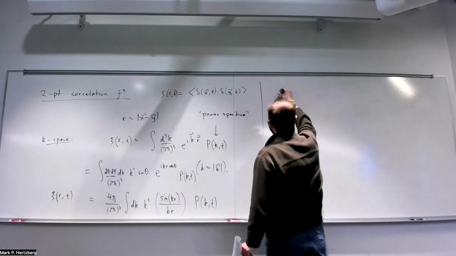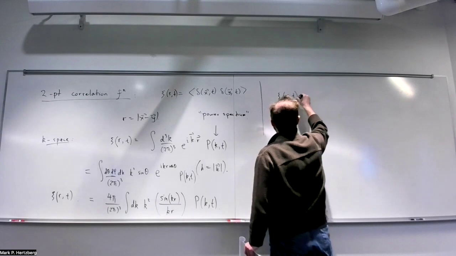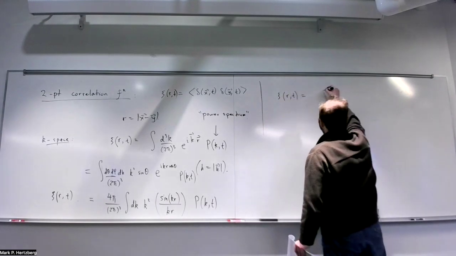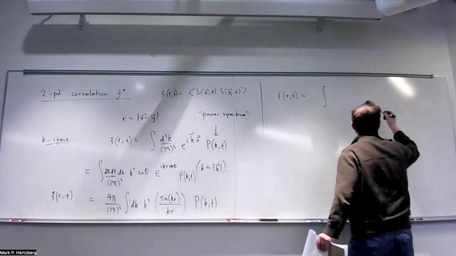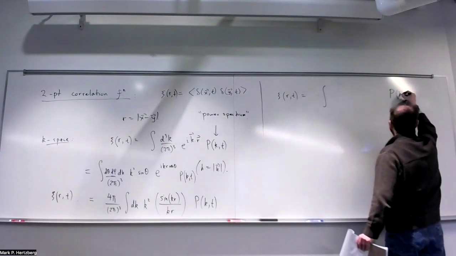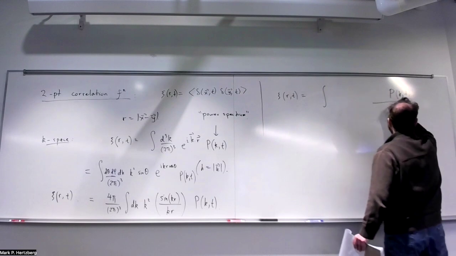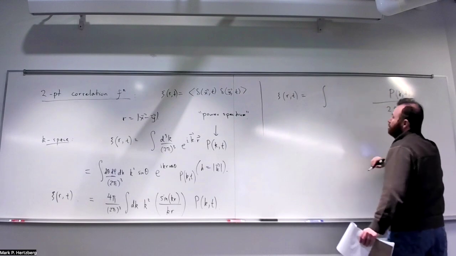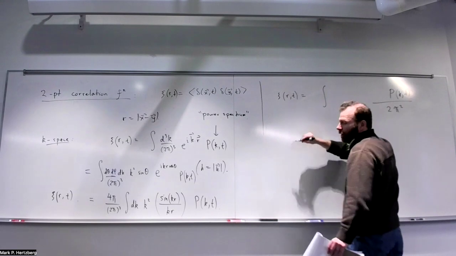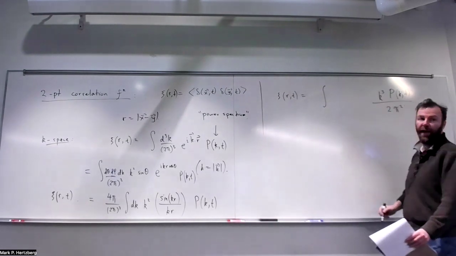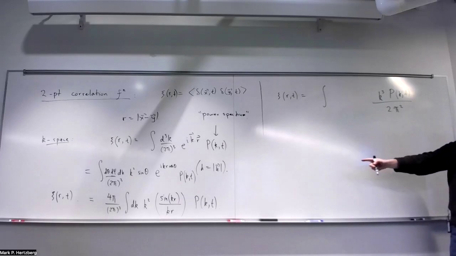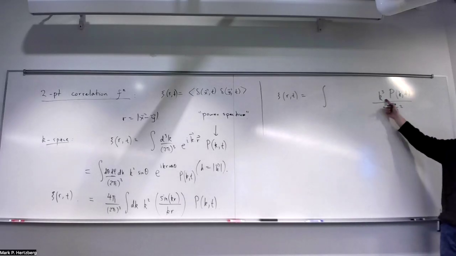Okay, let's just rewrite it very slightly. This is a factor here of 1 over 2 pi squared. My integral over k, I'm going to sneak in an extra factor of k over here. Instead of writing k squared from the Jacobian, I'm going to write k cubed.